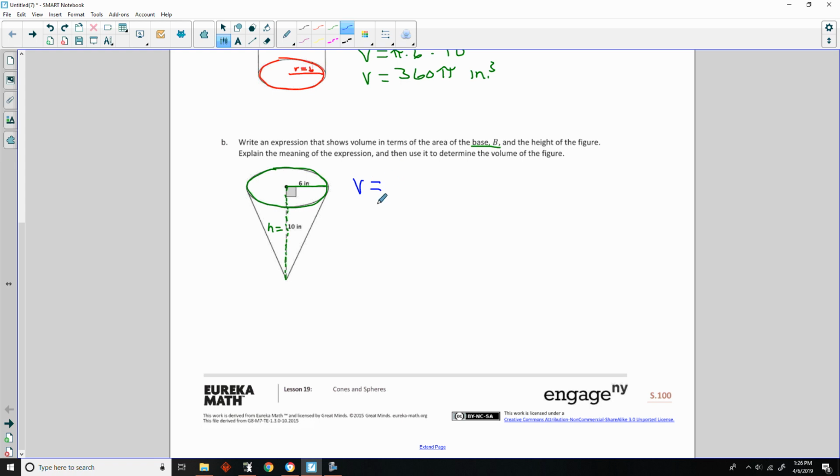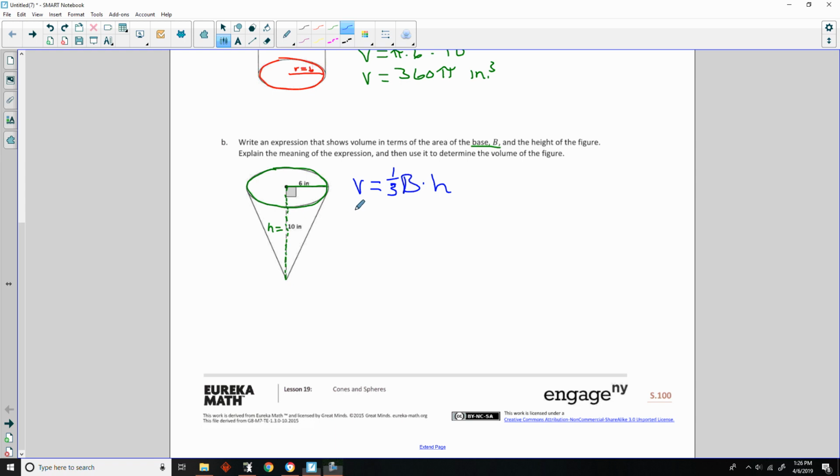There is also a video online that explains that. But the volume of a cone is 1/3 the base times the height.